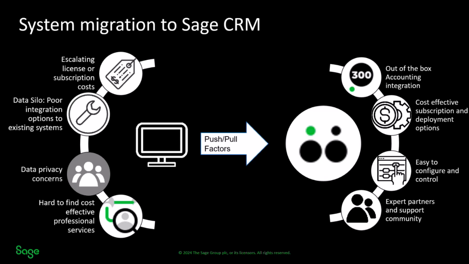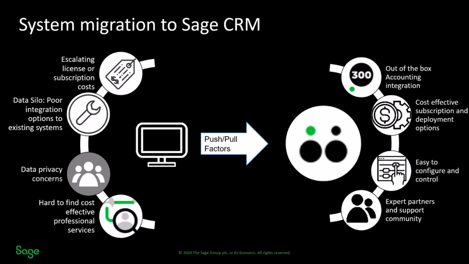Sage CRM as well has very cost-effective subscription and deployment options, a very, very simple pricing structure. It's easy to configure and control, and of course, there is a good support environment for customers with partners and the wider Sage partner networks.